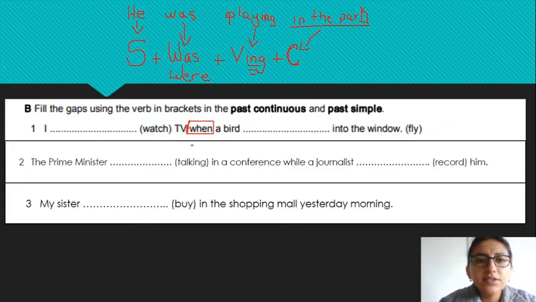When we have the relative clause when, it means that the first action is going to be interrupted by the action number 2. And the second action has to be in past continuous or in past simple. Very good. In past simple.